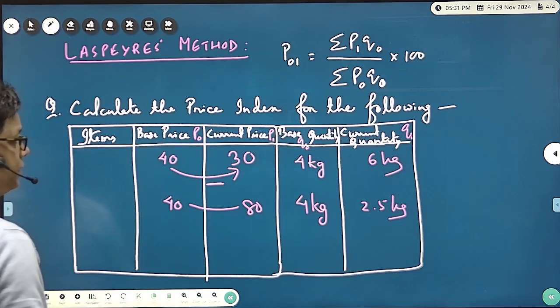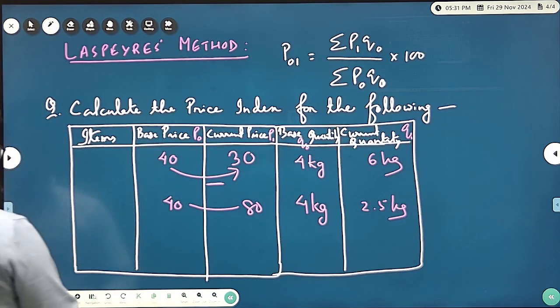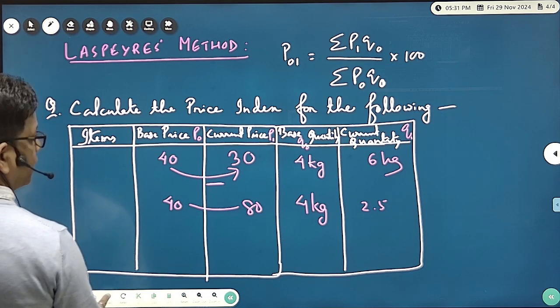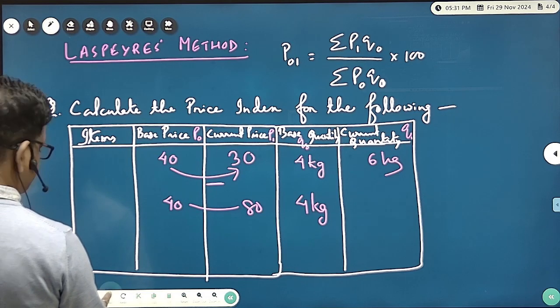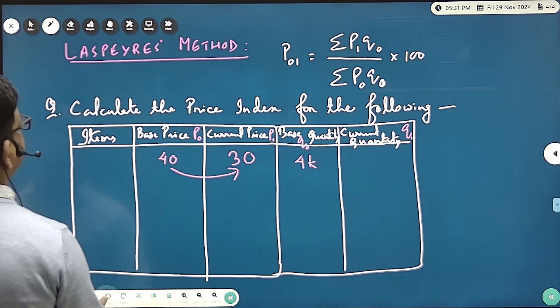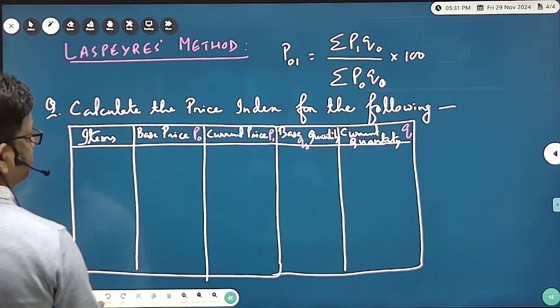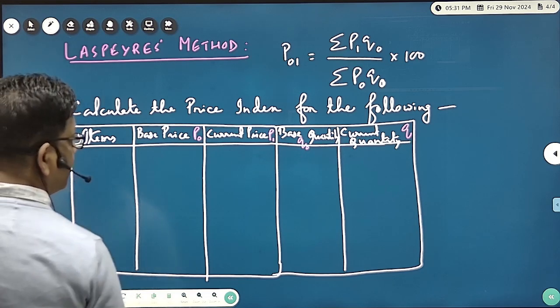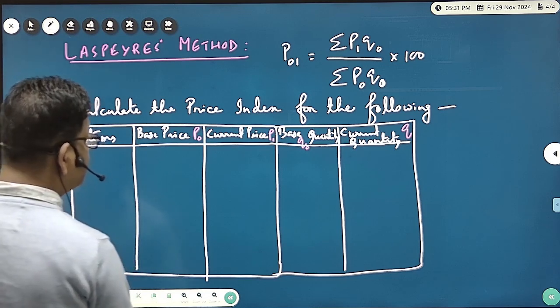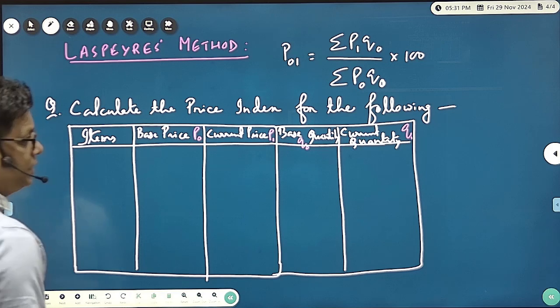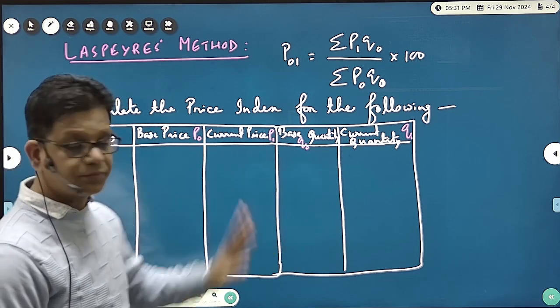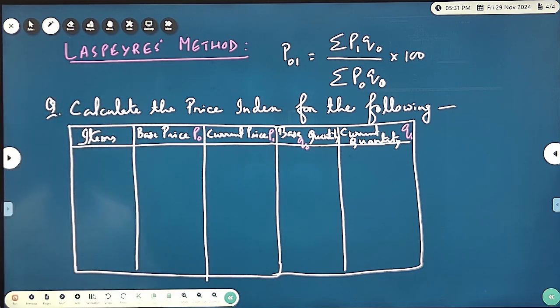Now here the base as well as the current quantities are given separately, so for this we use the Laspeyres method. In exam, it may not be stated that you use the Laspeyres method, but just seeing the table, you must immediately understand, oh, this method is to be applied here. Okay, so let us do one example for it.